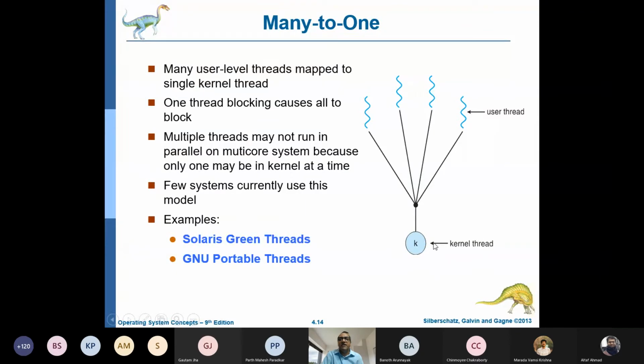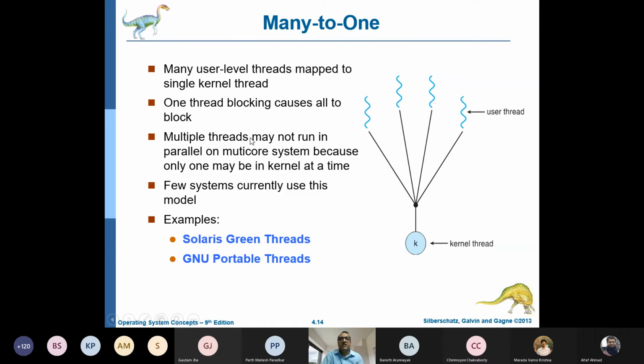That means the kernel is not threaded; it has only one thread of control, but it manages multiple user-level threads. The application program has multiple threads, but the kernel has only one thread of control. So this is known as the many-to-one model.